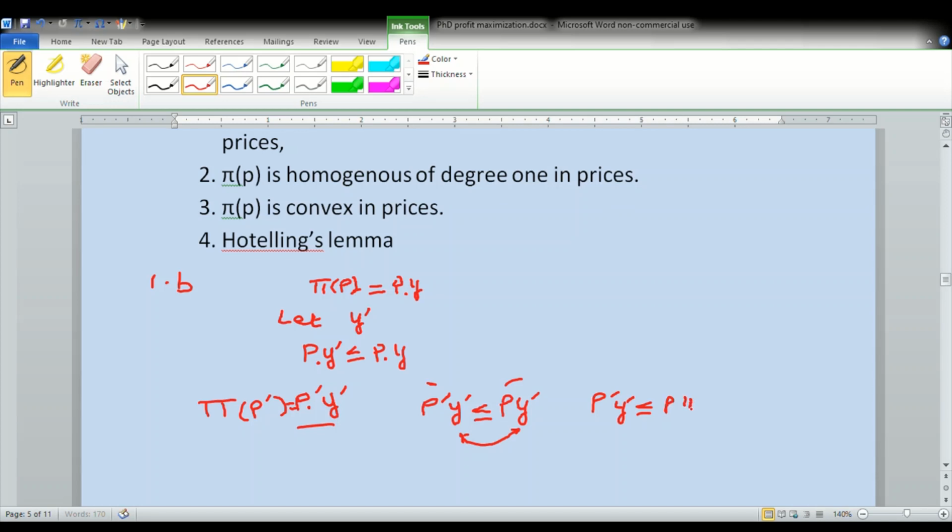But then P y dash is also less than or equal to P dot y.